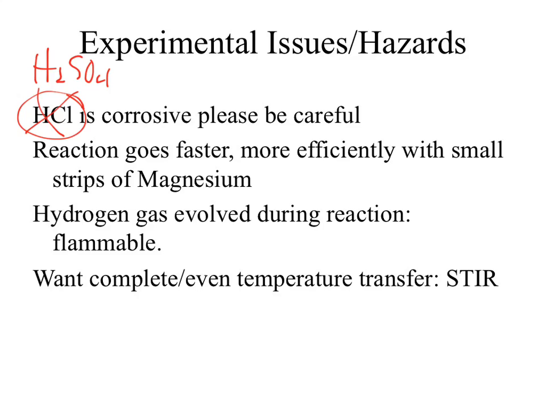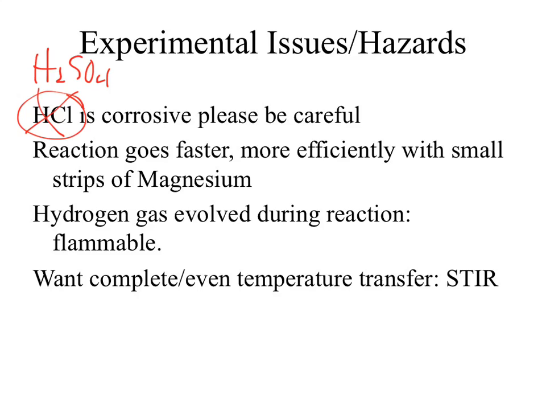What's that? How do you know what your percent error is? How do you calculate a percent error? What's the theoretical? What are you supposed to get? Is there a way that you can figure out what you're supposed to get?